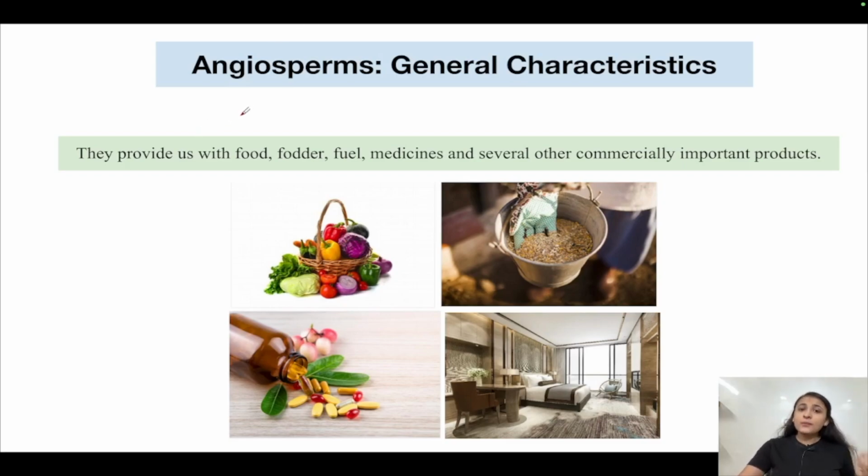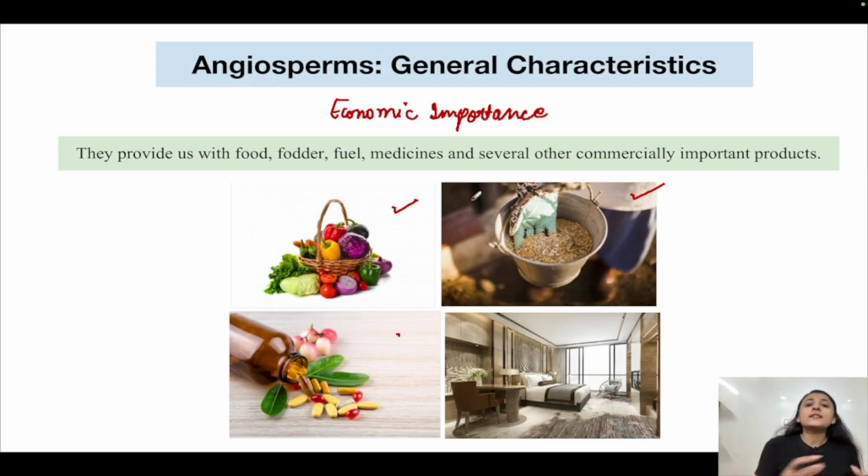Now, if we talk about their economic importance, angiosperms are very useful to mankind because they provide us with food, fodder, fuel, medicines and several other commercially important products.